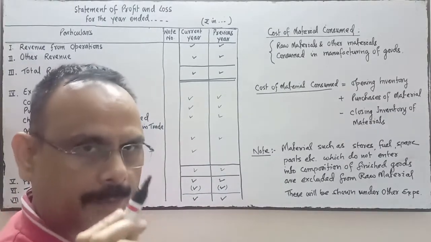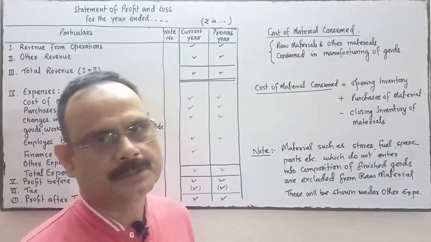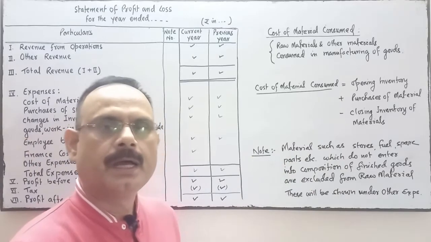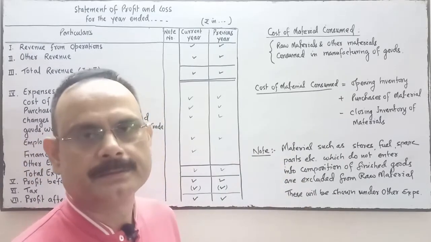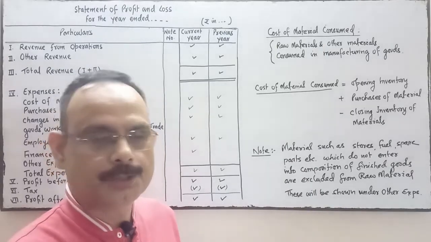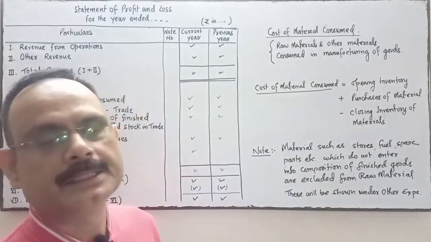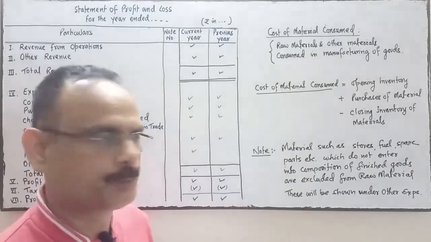Now one important thing is what? The spare parts, stores, fuel. If it is not part of the raw material, not part of the finished product, not used in the production of the finished product, then this will not be under the cost of material consumed.